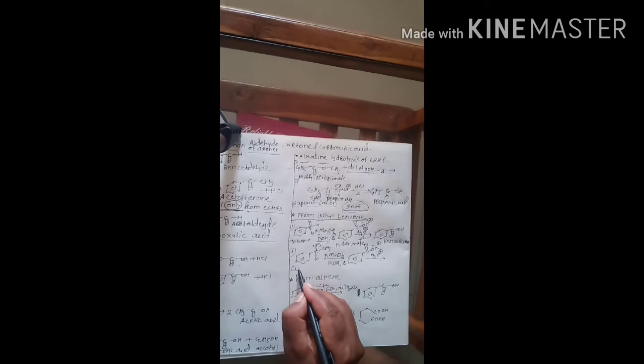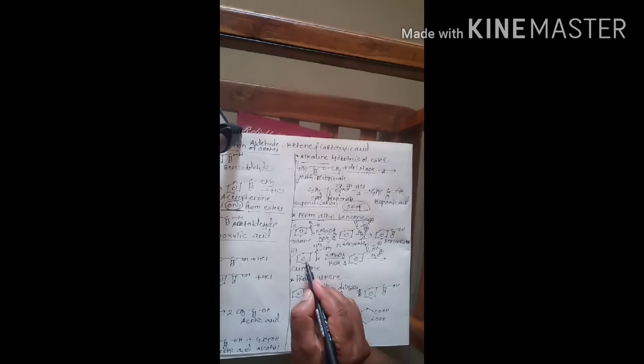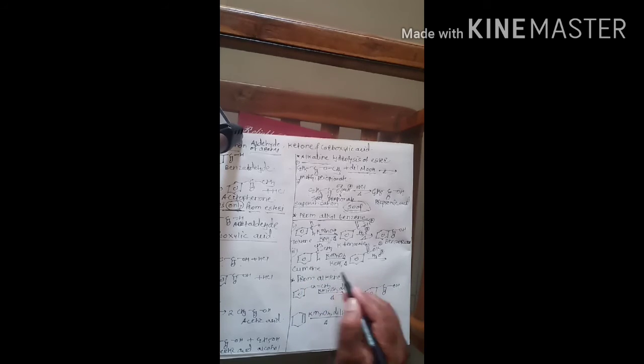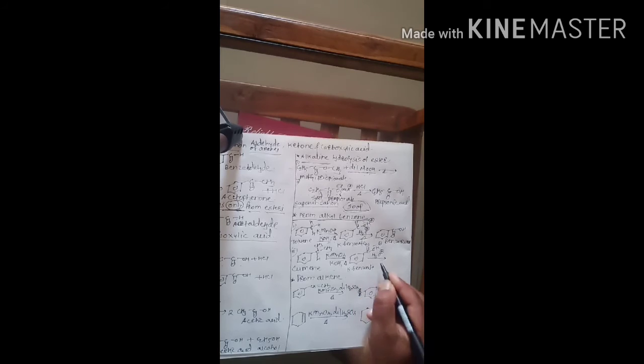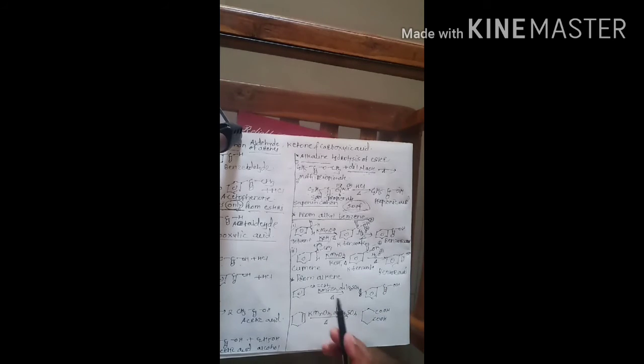Now if we take cumene, that is isopropyl benzene, this cumene on alkaline hydrolysis gives potassium benzoate, which on acid hydrolysis gives COOH, that is benzoic acid. So it forms benzoic acid. Okay, so remember this reaction, we can prepare benzoic acid from alkyl benzene by using alkaline potassium permanganate, that is alkaline KMnO4.